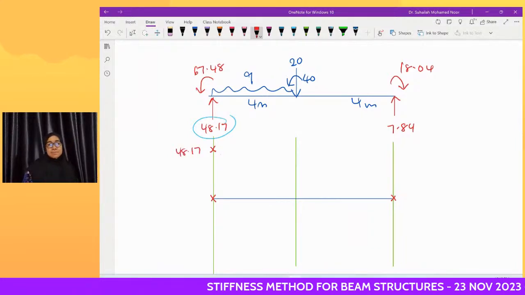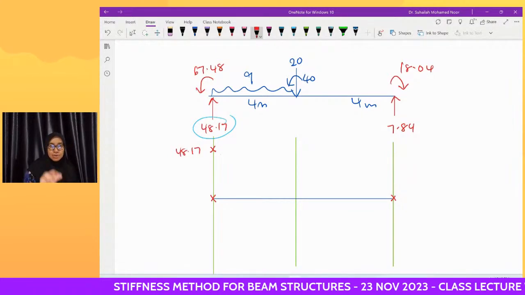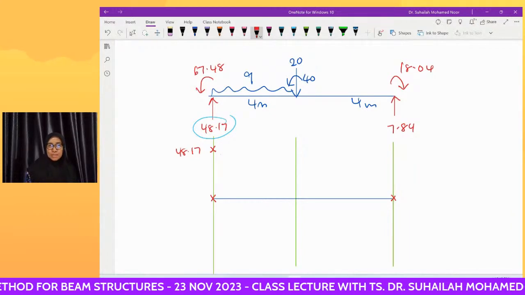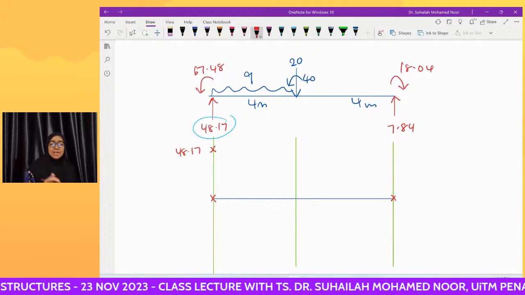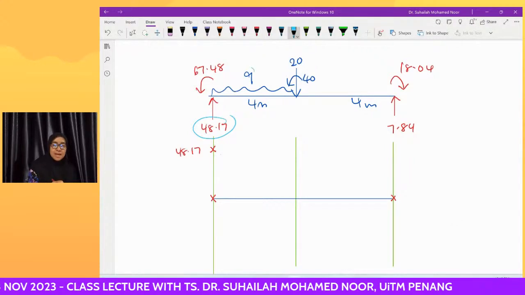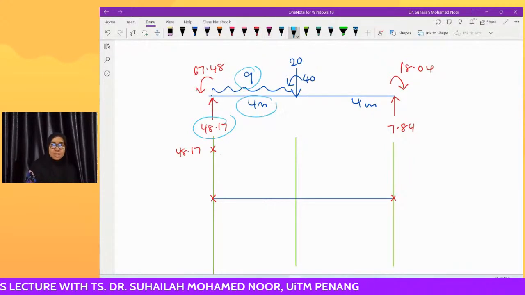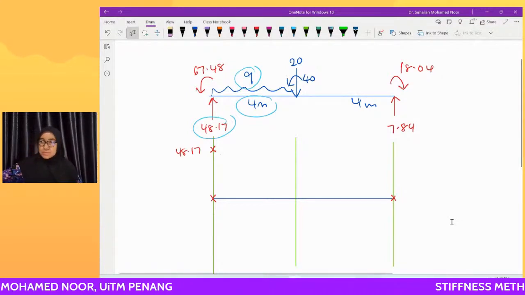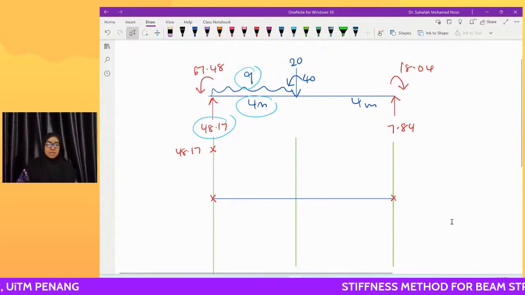After that, because of the UDL, we have to subtract, right? 48.17 minus 9 times 4, 36. Minus 36.